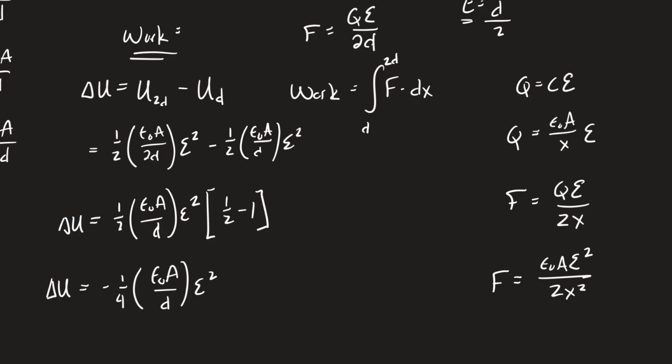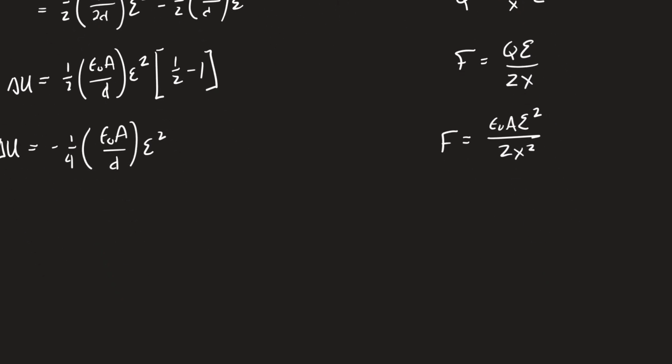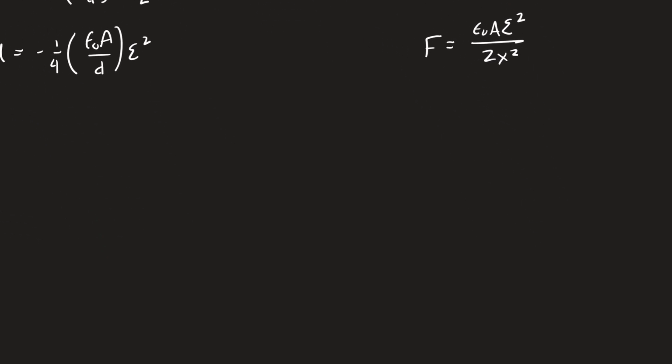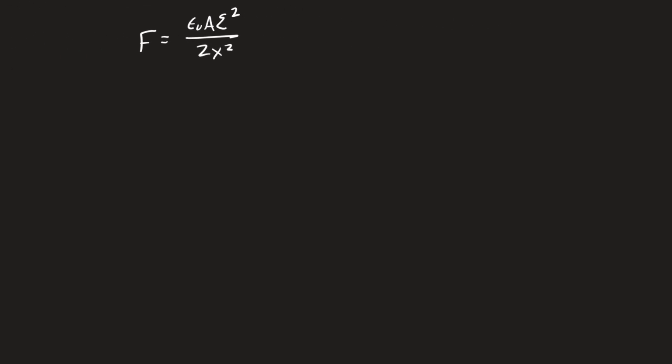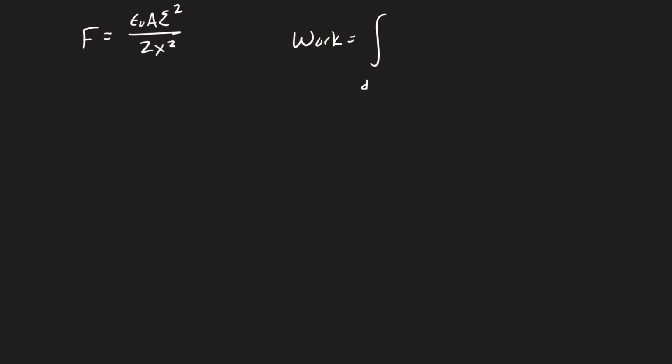All right, so we're ready to calculate the work. And I kind of want fewer distractions, which is why I'm moving this onto the screen by itself. Work is going to be the integral from D to 2D, ready to go? dx.